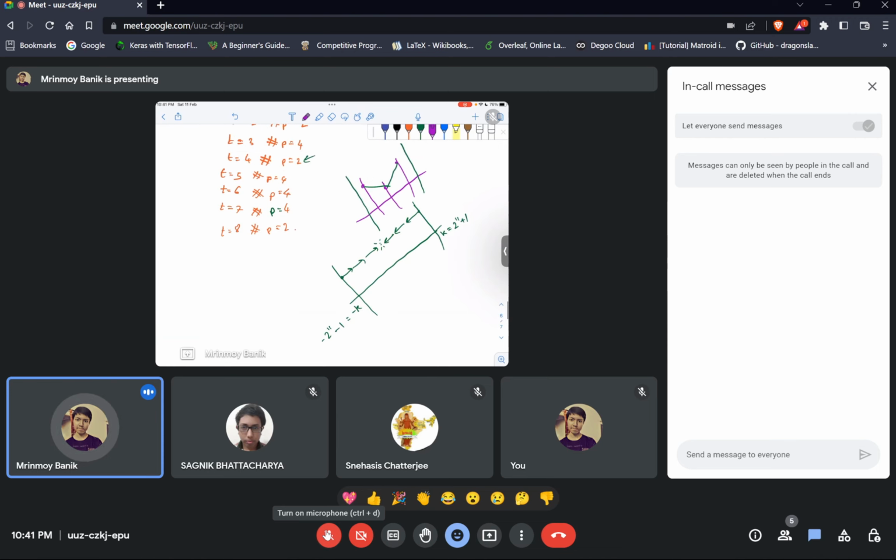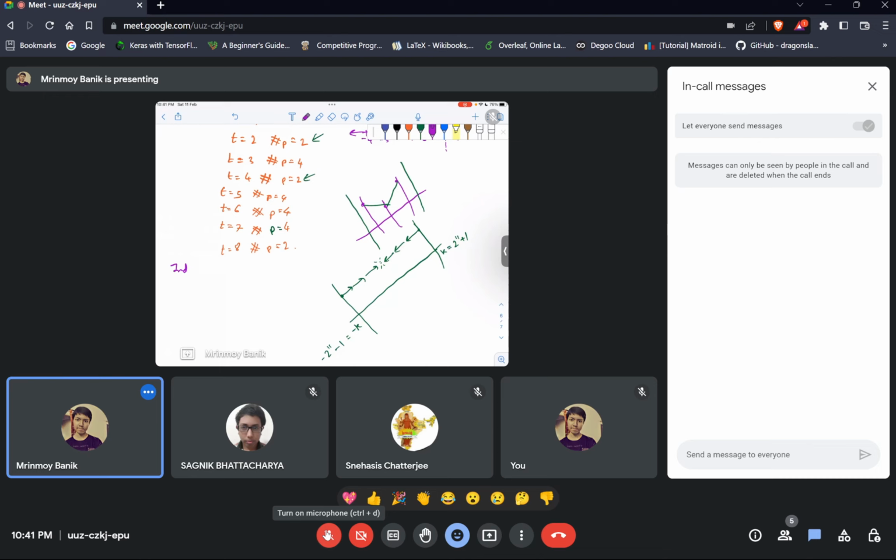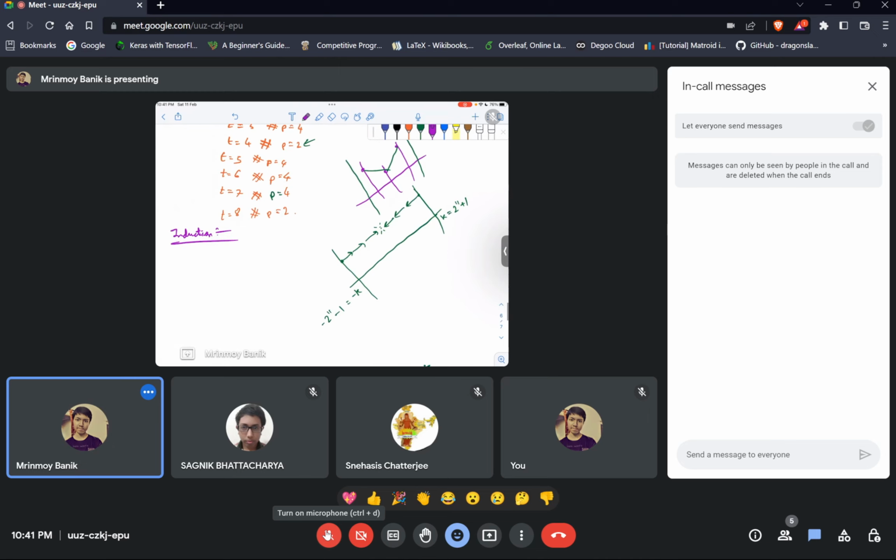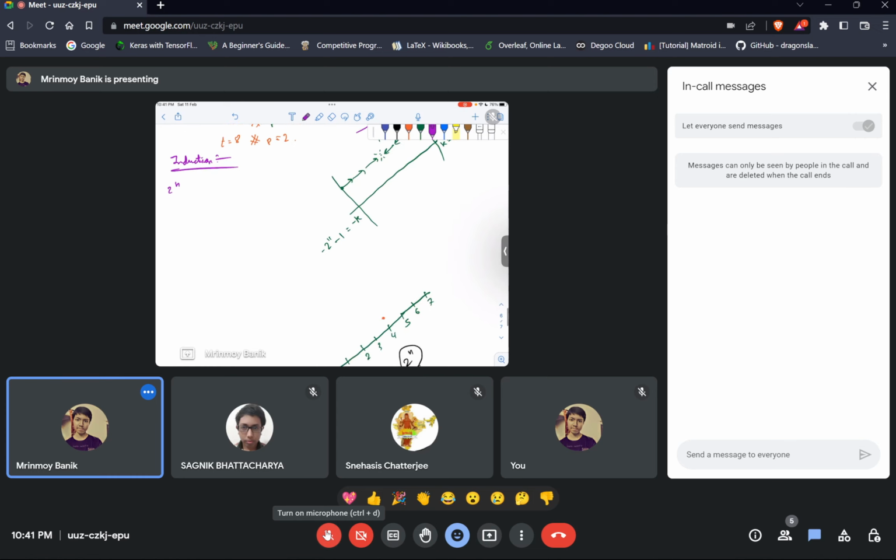Maybe we can use induction. So our claim is at the end of 2 power n moves, or 2 power n time, we have exactly 2 points, right? So for some k, we have 2 points, right?